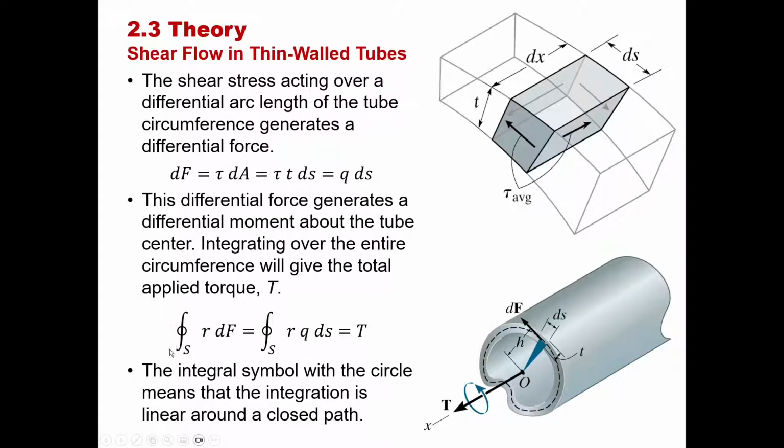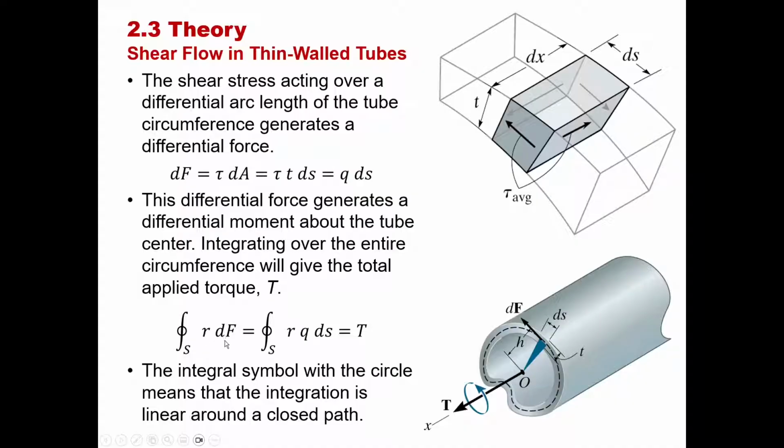So this integral here with this closed circle S means that this is an integral about a closed linear path. We're saying, okay, if I integrate all the way around the circumference of this tube, my lever arm distance is going to be r, my dF is going to be my differential force, and that is going to be the moment that I am generating.